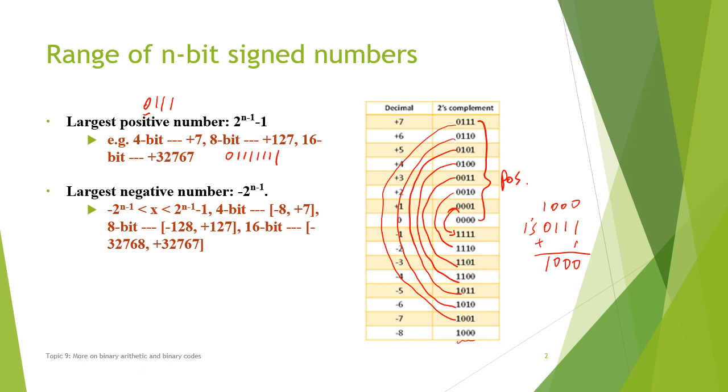And because the sign bit is 1, this has to be a negative number, and its magnitude equals 8. So it's negative 8. This happens to any other n-bit signed numbers. There is always one more negative number than positive numbers.